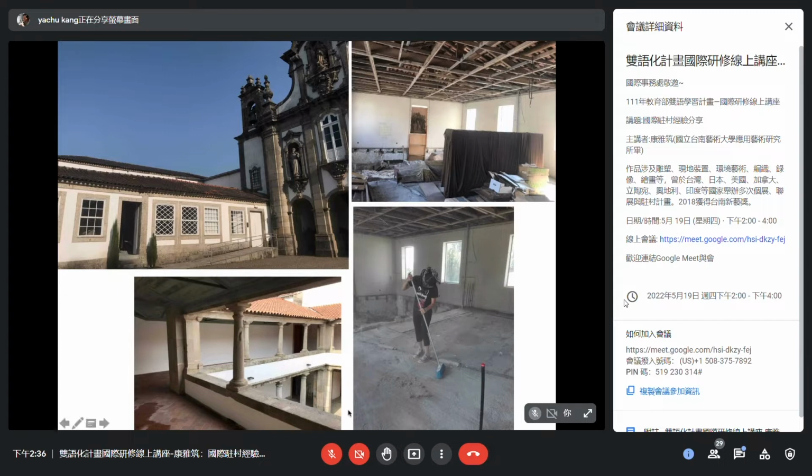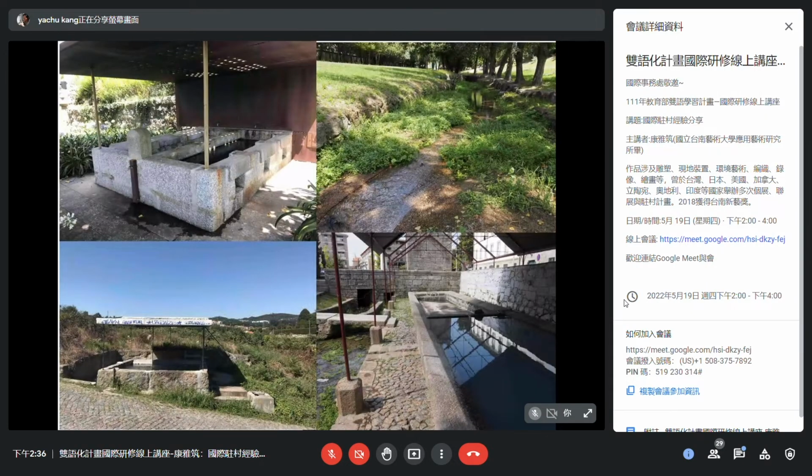And other artists, their exhibition space is like this open area. I don't really have feeling about that. So in that city, I found there are many this kind of thing. Do you know what's that? It looks like tank. It's a washing tank actually, and all this tank all built next by the river.